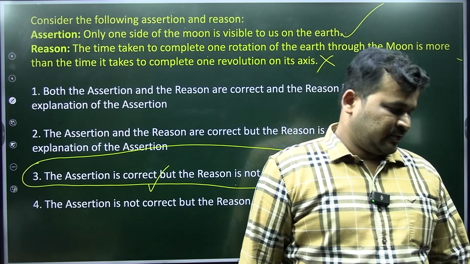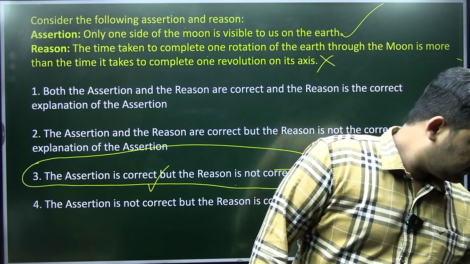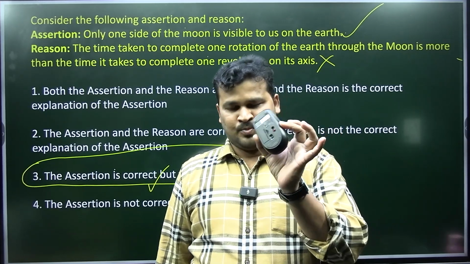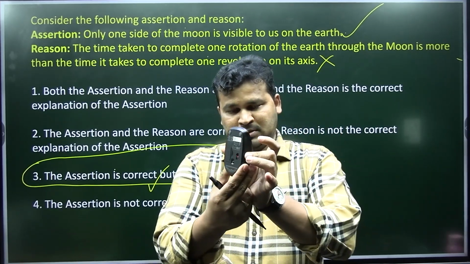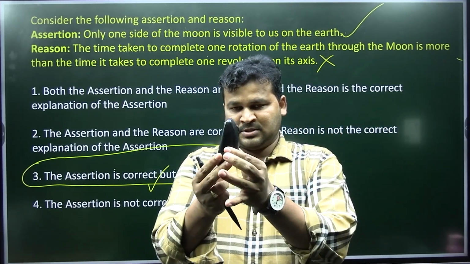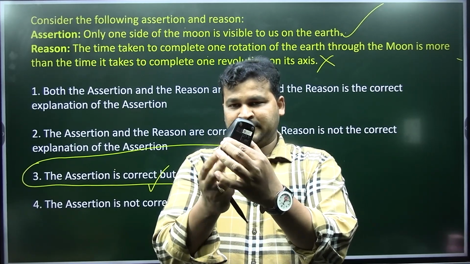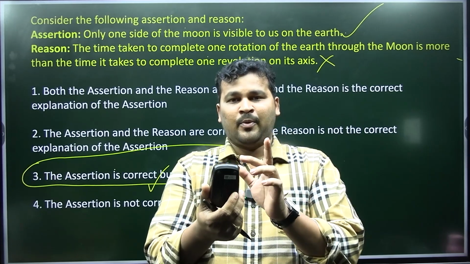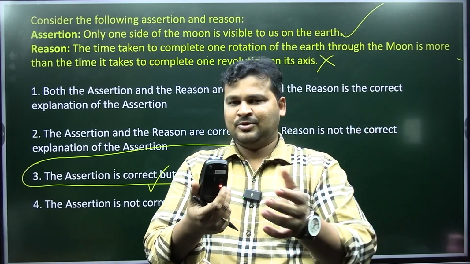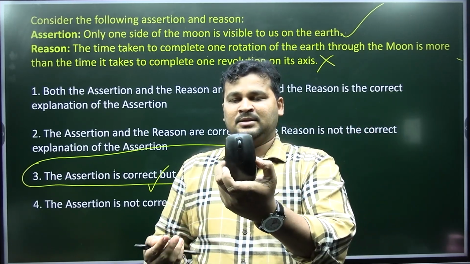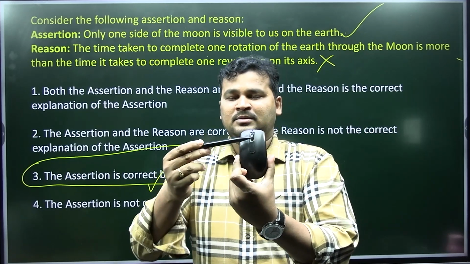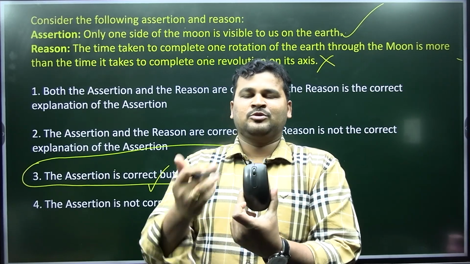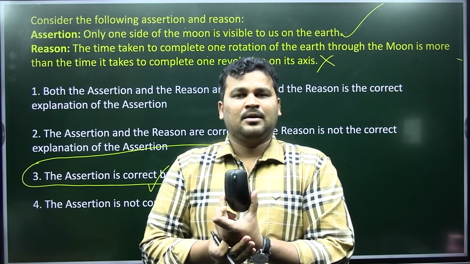Exactly. See, for example, my dear students, if it is our moon, generally we know that the moon rotates on its axis. It is rotating. If the moon is this side, am I able to see the opposite side? No. If the moon is like this, am I able to see this side? No. Why? Because no one can see the opposite side if the body is opaque.